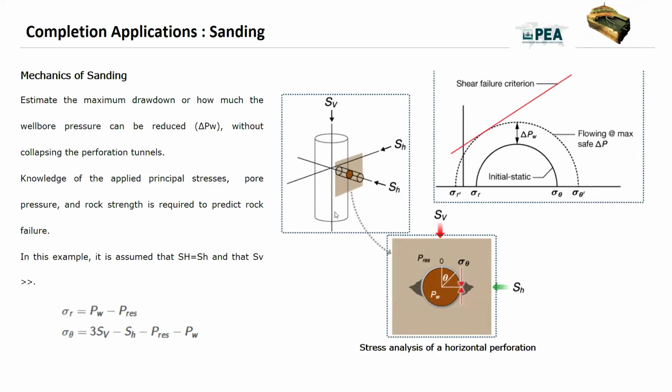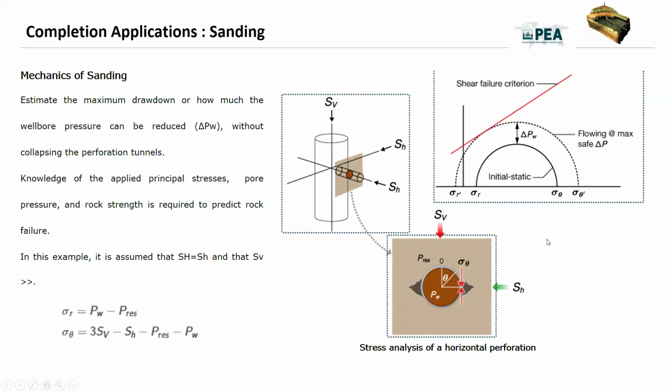So here is the schematic of stress analysis of a horizontal perforation. The following analysis illustrates the basic mechanism of the sanding phenomenon governing the initiation of solid production in a reservoir strong enough to support the perforation tunnels. These are the reservoirs that can benefit most from solid production risk analysis, thereby avoiding unnecessary gravel packing.